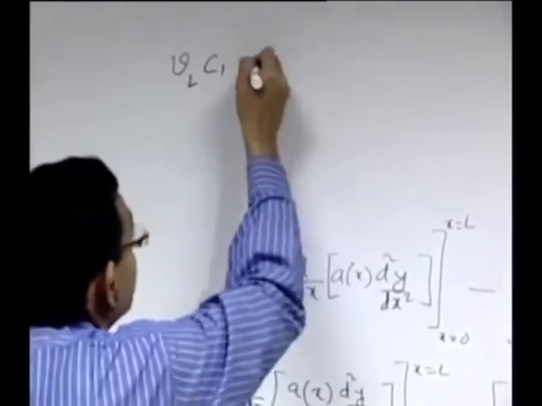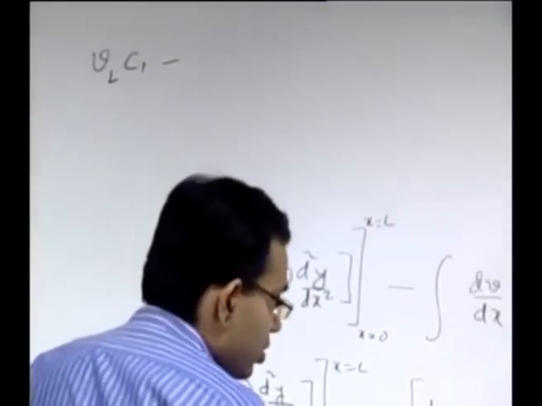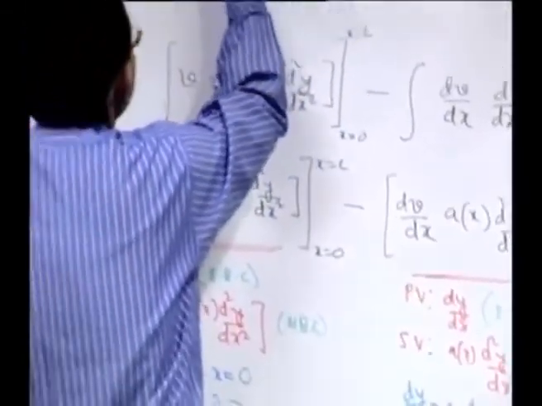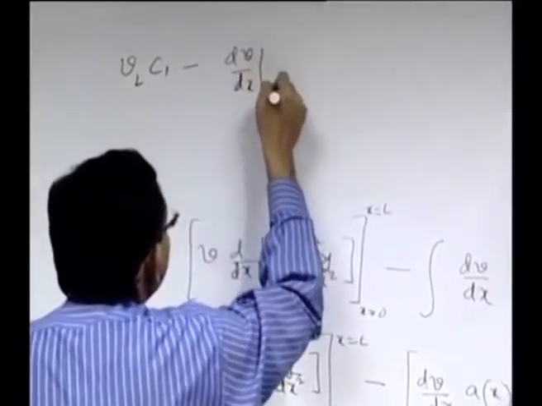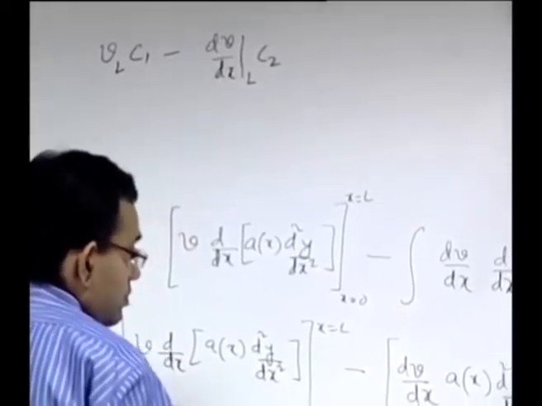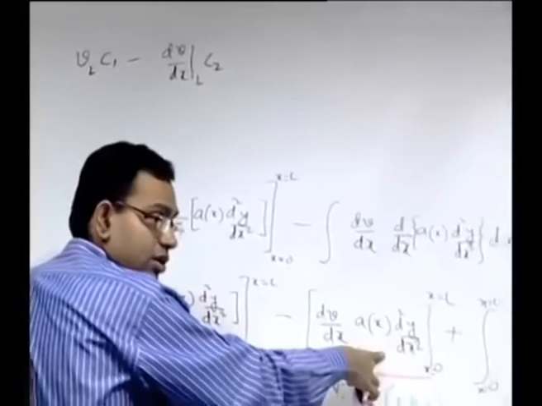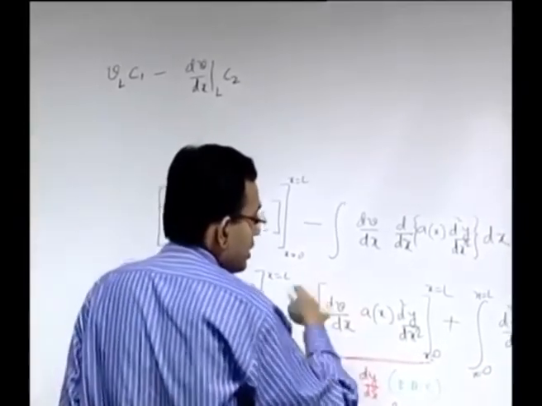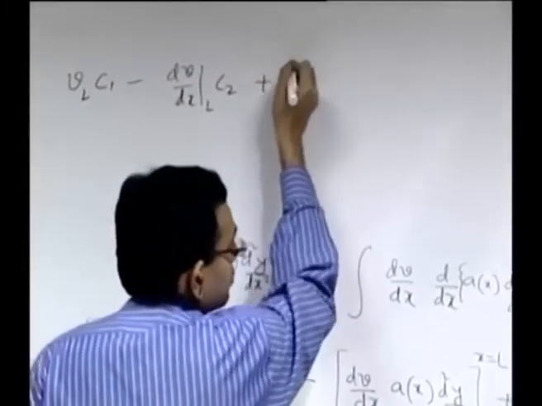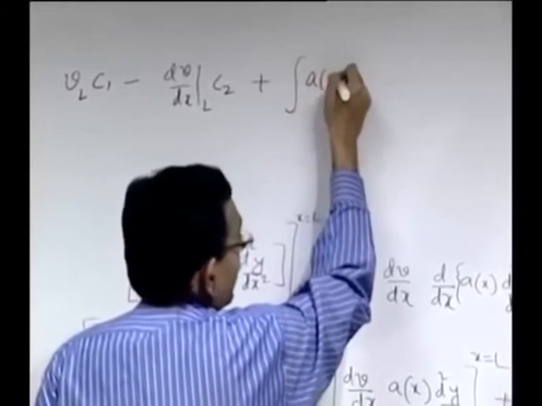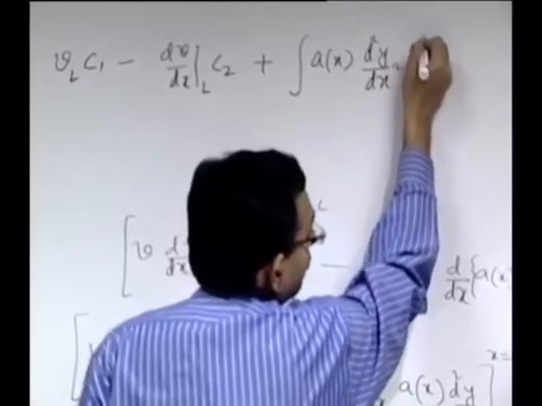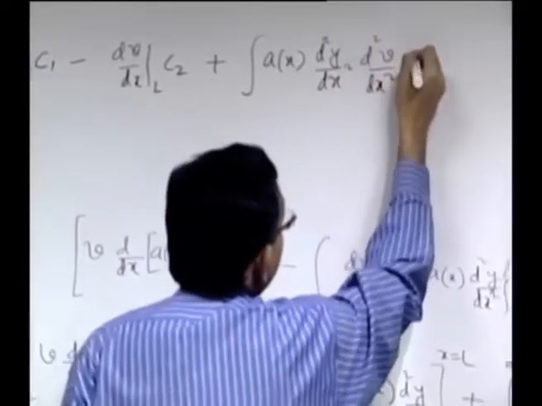Then minus at x equal to L it is C2. So C2 into dv dx at L. Then the remaining term will be 0 because dy dx is specified, so dv dx is 0, plus a d2y dx2 d2v dx2 dx.